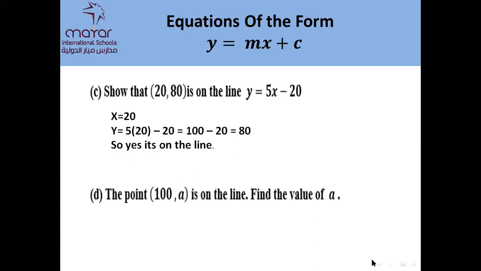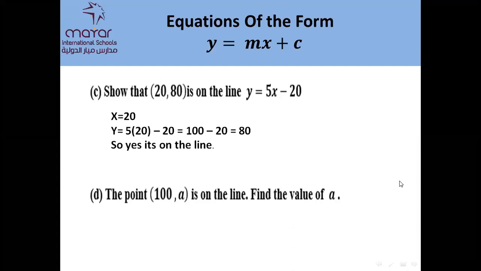What about D? Jude, yes. Teacher, can you hear me? Yes. The point (100, A) is on the line.